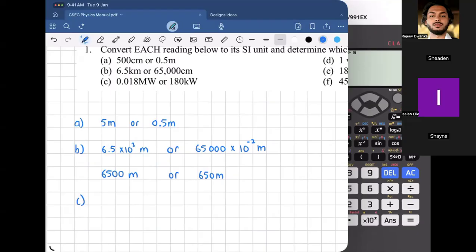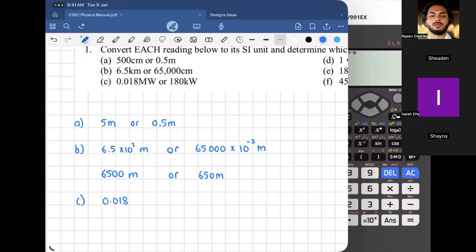Shina, do you know what we use watts to measure? No, sir. Power. We measure power using watts.